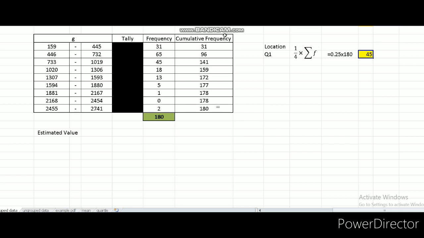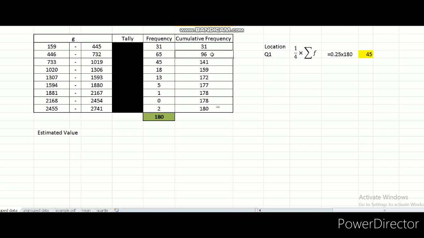Let's locate where the 45th data is. Since we have the cumulative frequency, the 45th is in the second group.